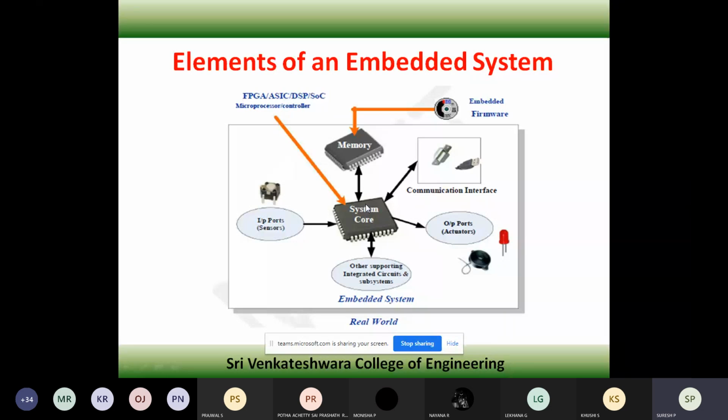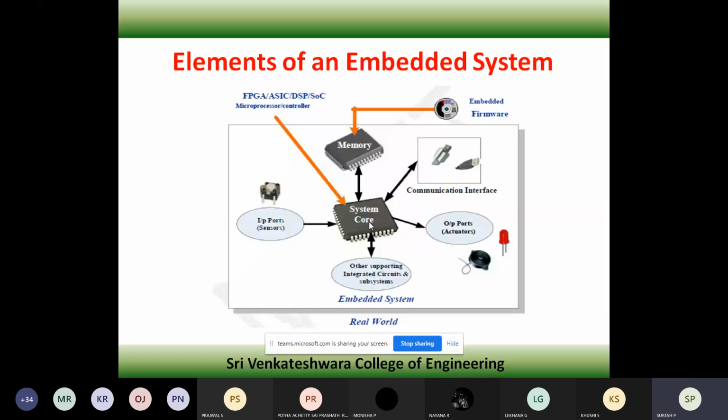And depending upon the purpose of the embedded system, the system core will have a communication interface. It will be directly connected to the system core. This memory interface and communication interface will be directly connecting to the outside world, to the system core.